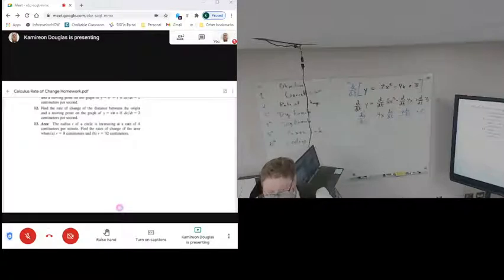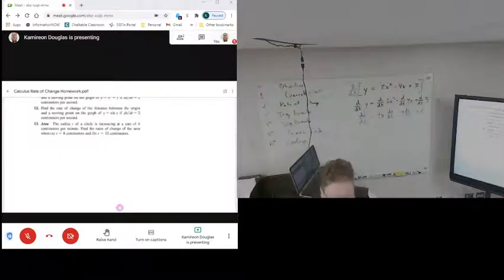Find them. Use them to find things like dV dt, the change in the volume with respect to time, or dD dt, the change in distance with respect to time. But I can't answer the change in volume with respect to time unless I know the volume formula and how to find its derivative. I can't answer the rate of change of distance unless I know the distance formula and how it's changing with respect to time.